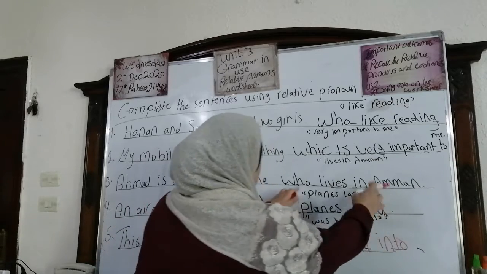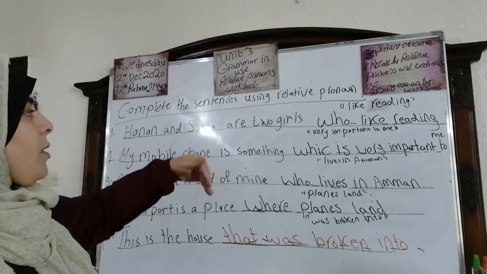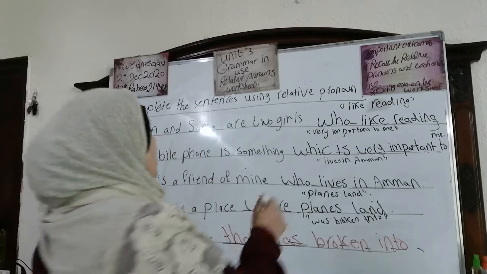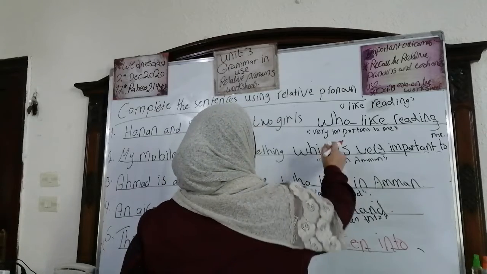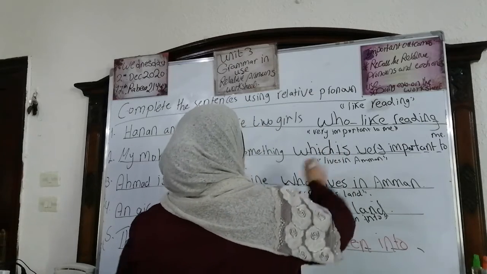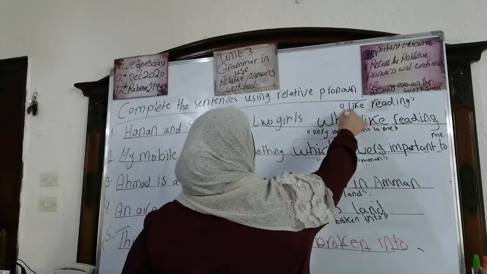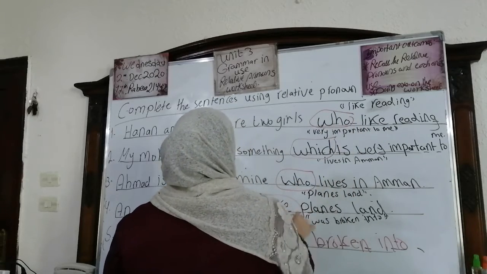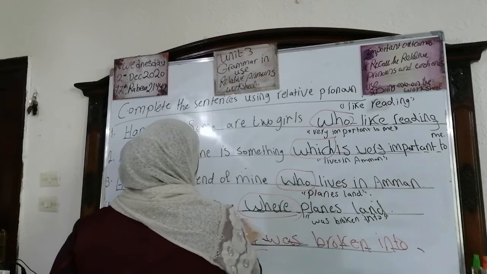We took these. Look at these. These are words. I put them for you to help you to continue or to finish the sentence. Okay. Here we put which. Okay. We put which. Here who, and who. Here where, and here that.